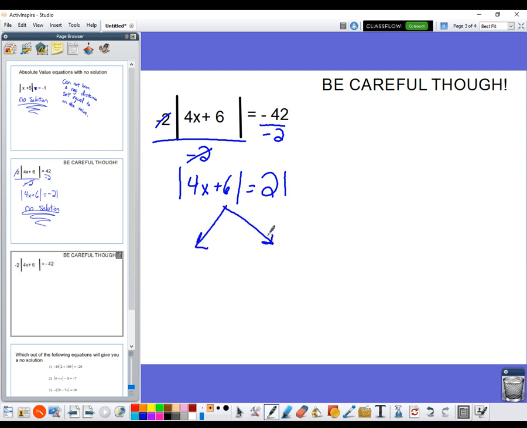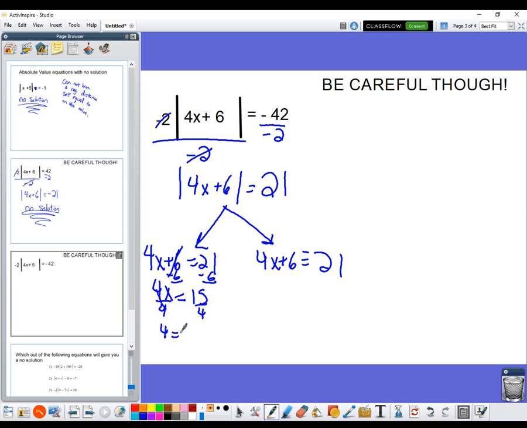I'm going to create two equations. And we solve. Subtract 6 on both sides. You get 15. Divide by 4. And I get x equals 15 over 4.